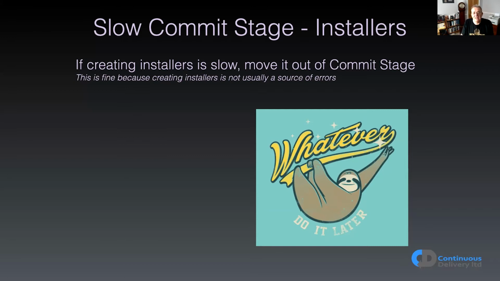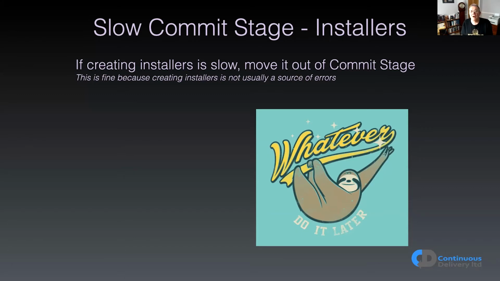So if creating installers is slow, then consider moving it out of the commit stage. This is a fairly decent candidate for moving out of the commit stage to optimize the commit stage itself, because the installers are not really the place where you're going to find a lot of problems. At this point, if you've got a bunch of tested working code that you've evaluated with all of your commit tests, it's very unlikely that you won't be able to package that into something deployable.